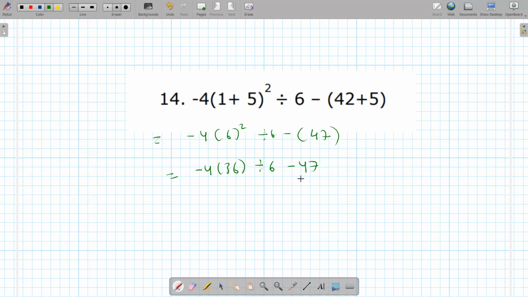-4 times 36 is negative 144. Okay, and then negative 144 divided by 6 is negative 24.